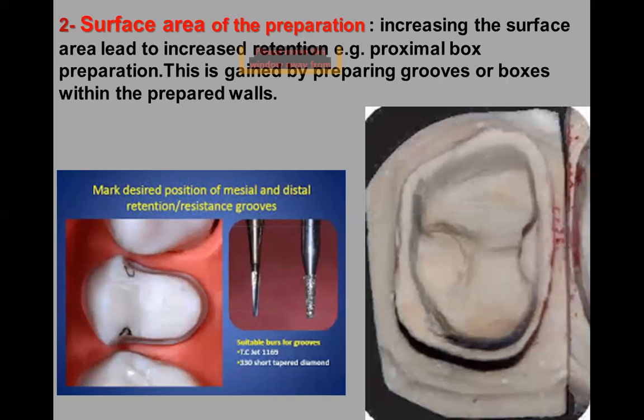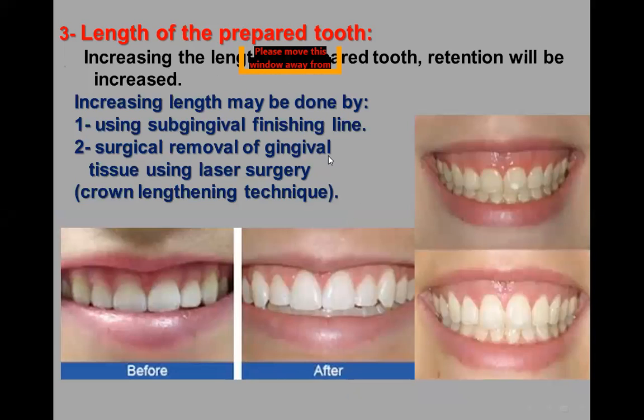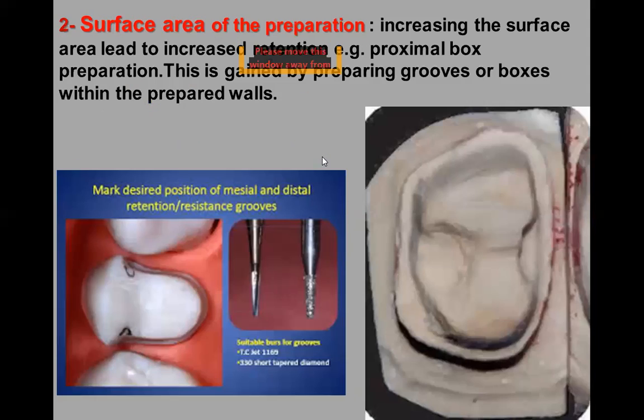Whenever we have a wide area, we will have more retention, because the retention is due to the friction between the internal surface of the crown and the tooth structure walls. Whenever we increase the area of friction, we gain more retention.